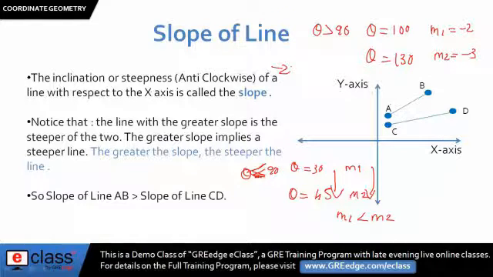Minus 2 is greater when compared to minus 3. So in this case, when theta increases, the slope will decrease when theta is greater than 90 degrees because of the negative sign. If it is positive, then we are fine. If you increase the angle, then the slope is going to increase. But when it is negative, if you increase theta, then the slope will decrease.